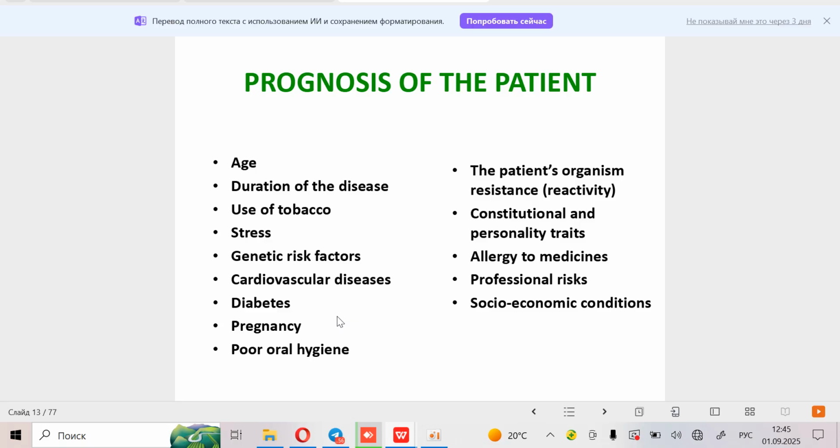Let me go into some more details about patient prognosis.